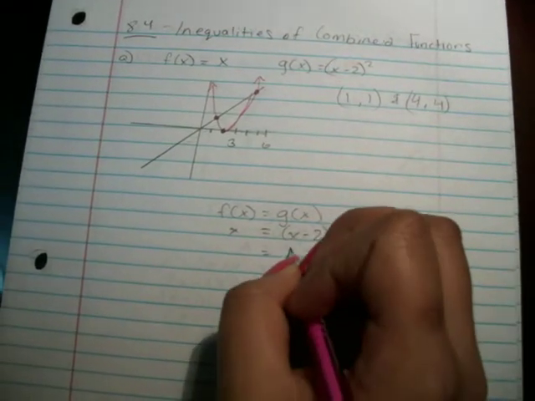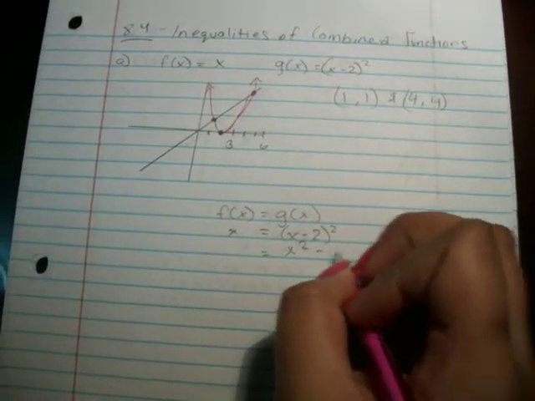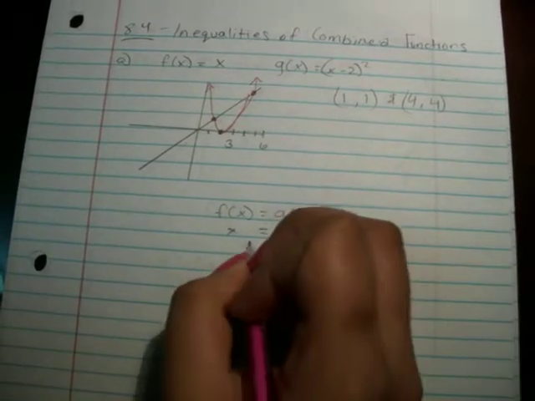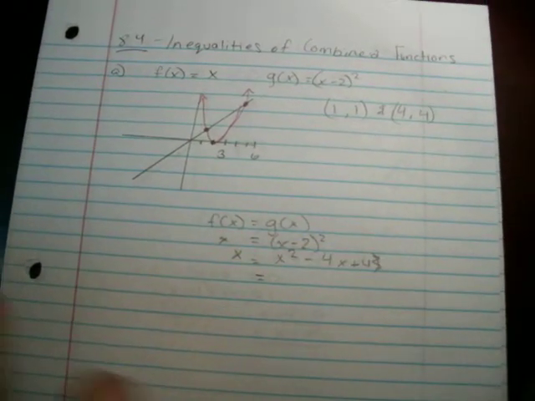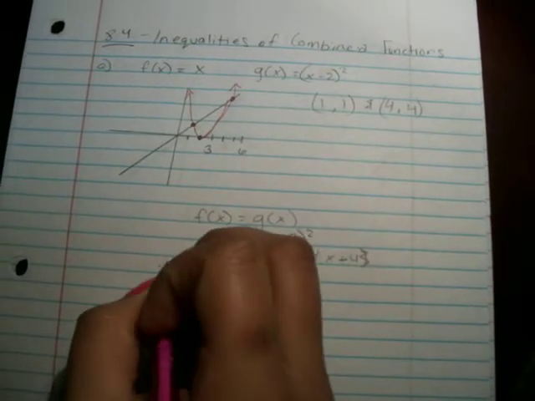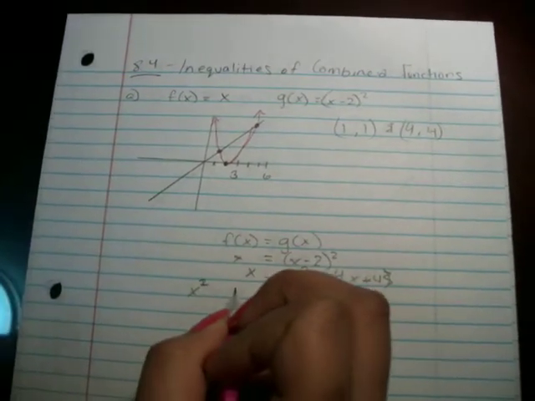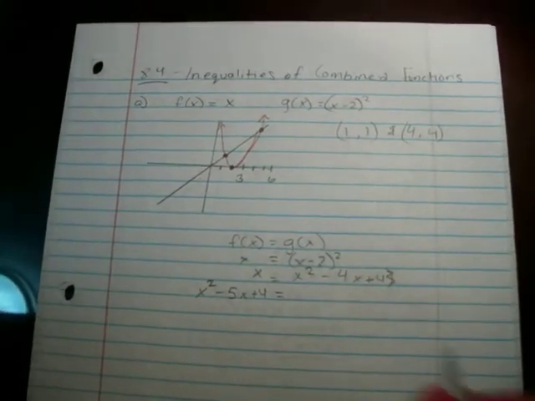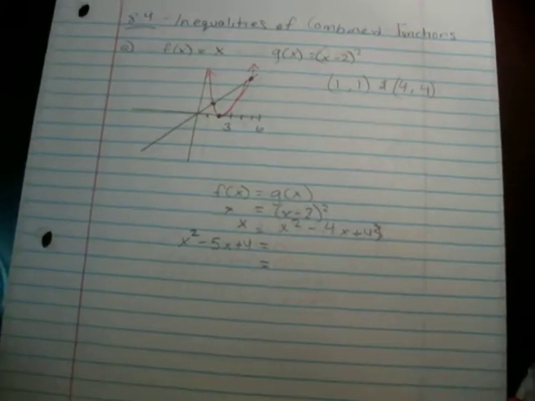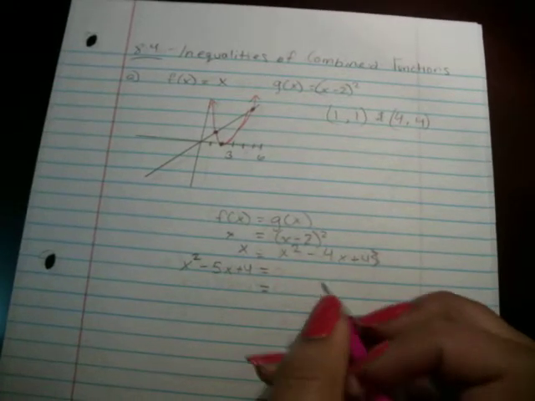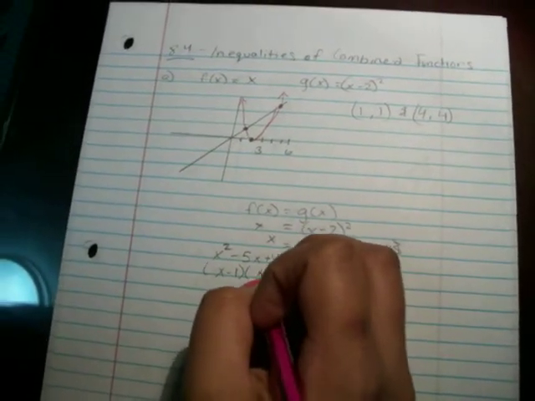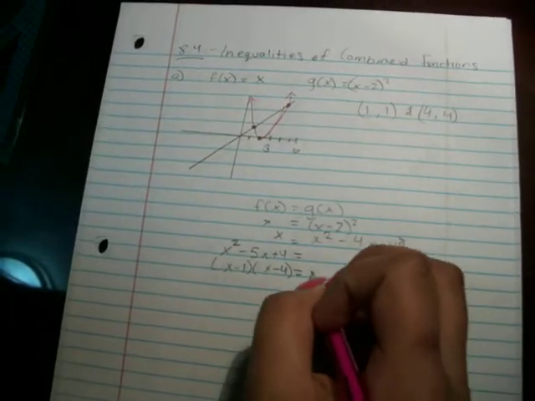And if you were to expand that, it would be x squared minus 4x plus 4. And you'd still have x on that side, so you want to move everything to one side. So it would be x squared minus 5x plus 4. And then you'd factor that, so it would be x minus 1 and x minus 4 equals 0.